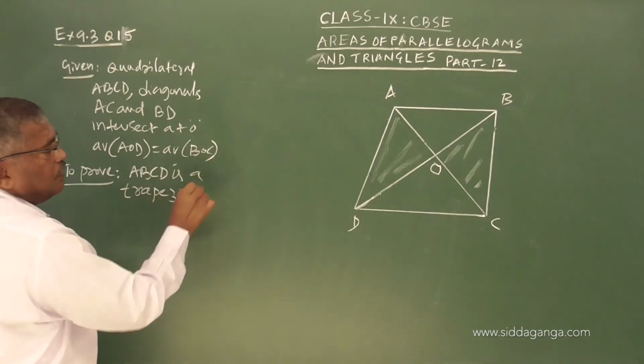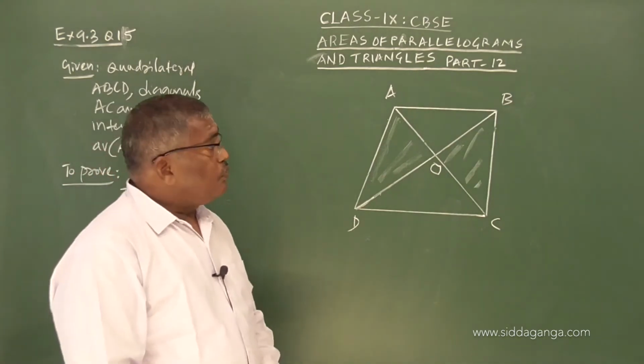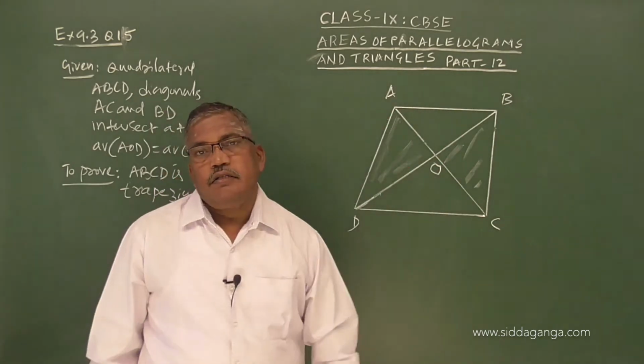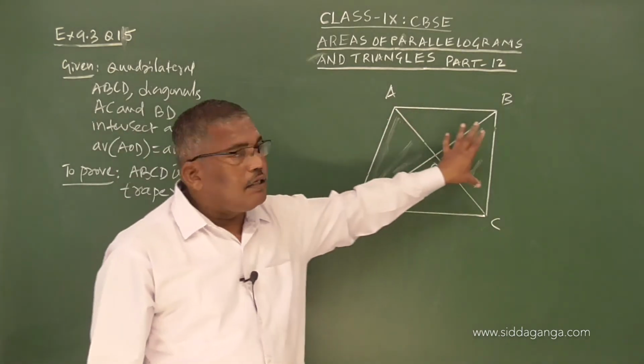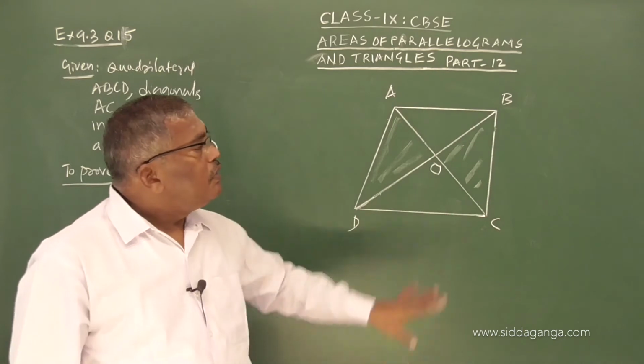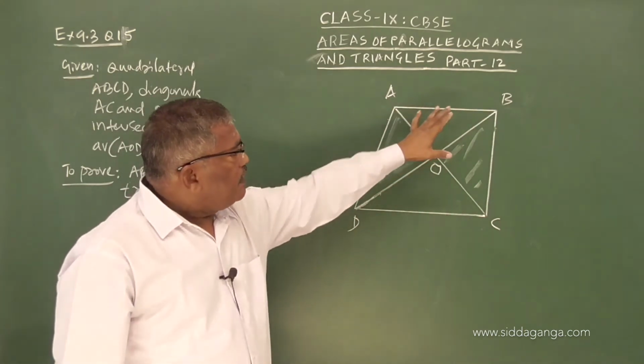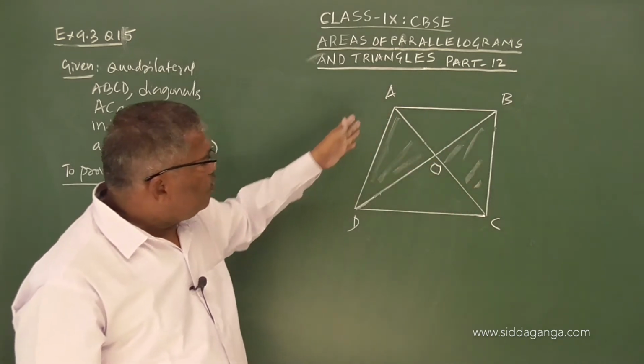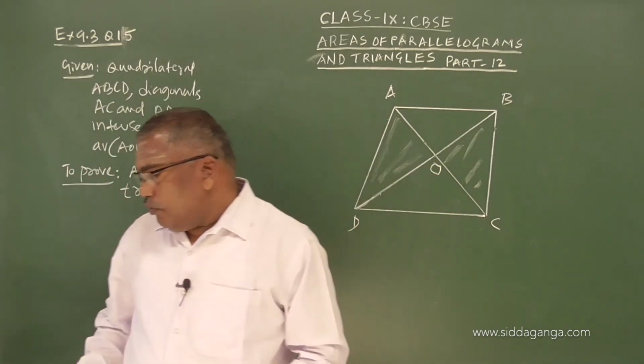So that means what we have to do? We have to show that in a quadrilateral, if one pair of opposite sides are parallel, then it is a trapezium. So we have to prove that either AB is parallel to CD or BC is parallel to AD. We have to prove any one of them.